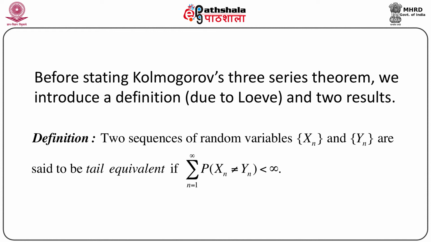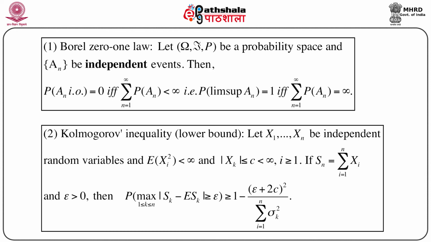The definition: two sequences of random variables, say X_n and Y_n, are said to be tail equivalent if summation n equals 1 to infinity probability that X_n not equal to Y_n is less than infinity. In that case, these two sequences are said to be tail equivalent. It is natural that Kolmogorov's three series theorem involves this concept. We will discuss it immediately.